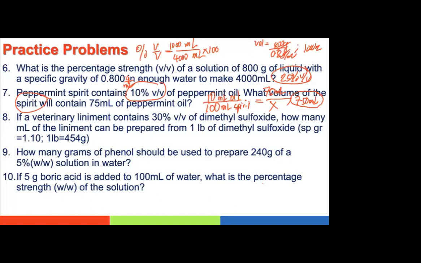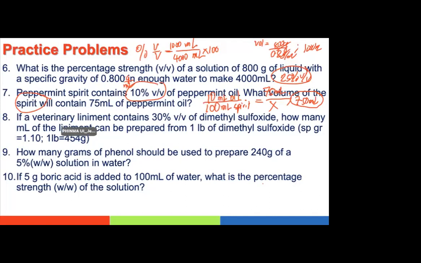Number 8. Medyo ang daming values na binigay, no? Pero madali lang din ito. If a veterinary liniment contains 30% volume by volume of DMSO or dimethyl sulfoxide, how many ml of the liniment can be prepared from 1 pound of dimethyl sulfoxide with a specific gravity of 1.1? 1 pound is equal to 454 grams.